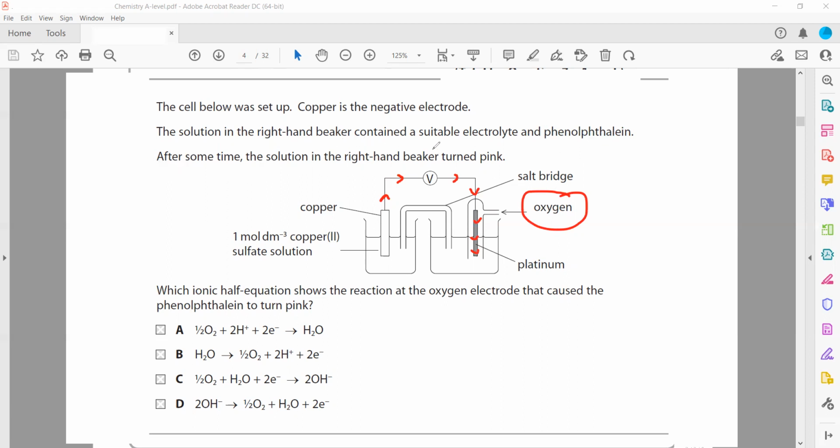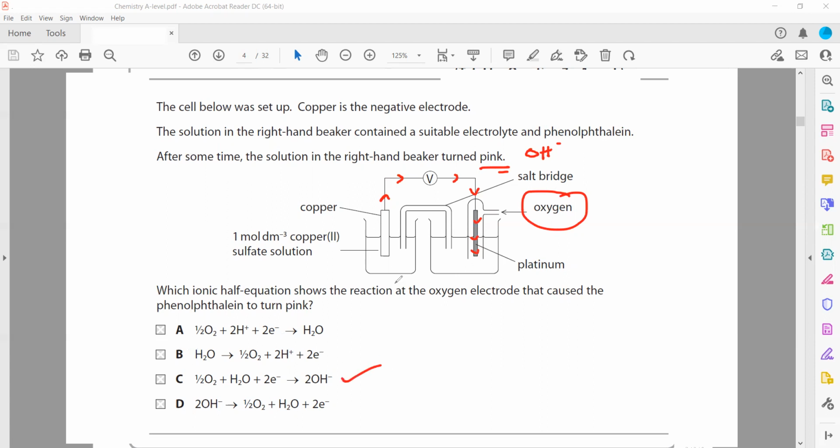After some time, the solution on the right turned pink. Phenolphthalein is colorless in acidic solution. When it turns alkaline, it becomes pink. So the question gives you the answer directly, because if it turned pink, it means OH⁻ is produced. Which equation has OH⁻ produced as a product?